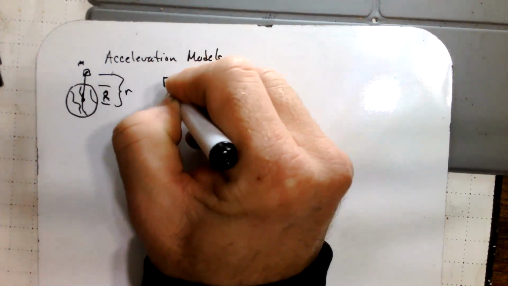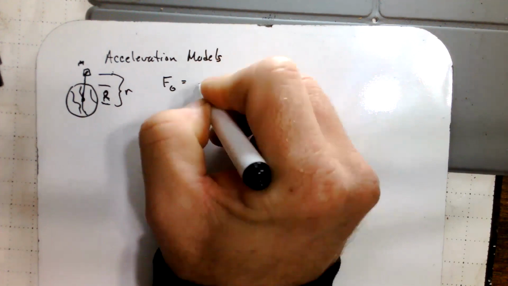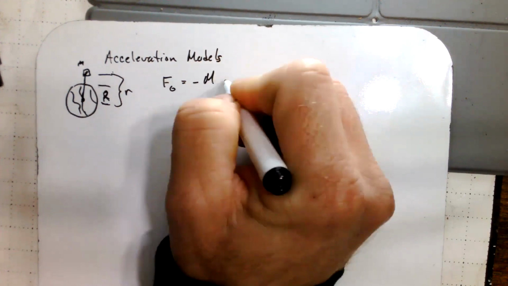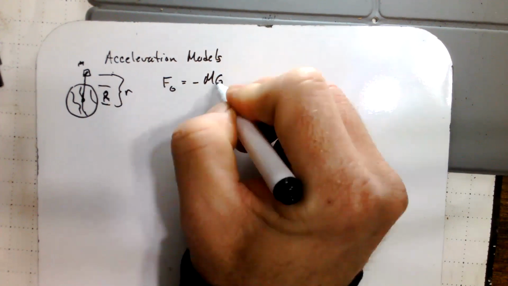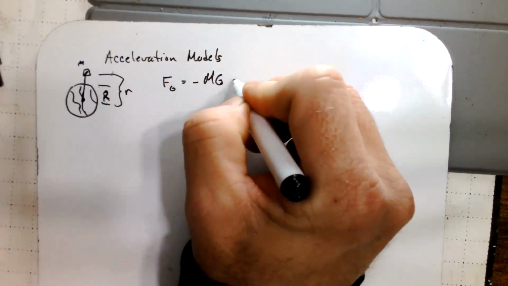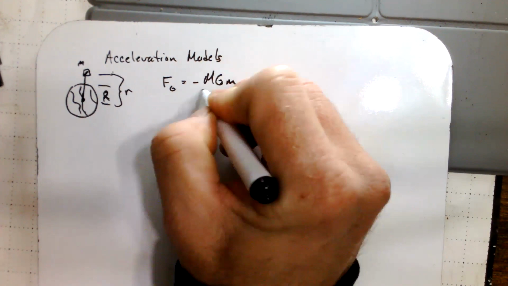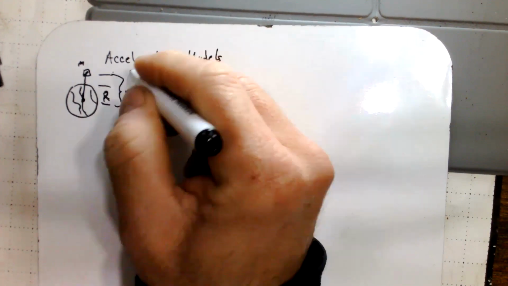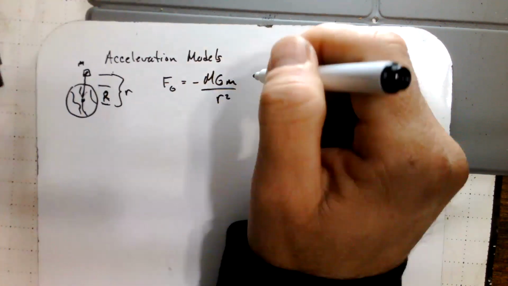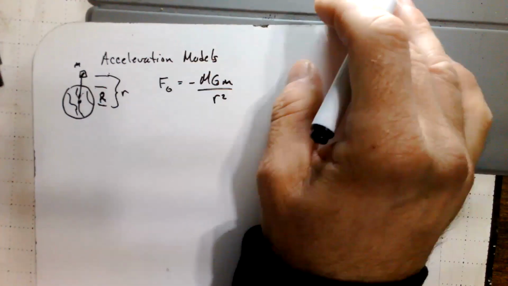From Newton's second law, we have the force of gravity. For Newton's gravitational law, we have F of g is equal to negative G M m over r squared. This is the magnitude, but it is directionally pointed towards the center, so the force is technically pointing down into the center of the Earth there.